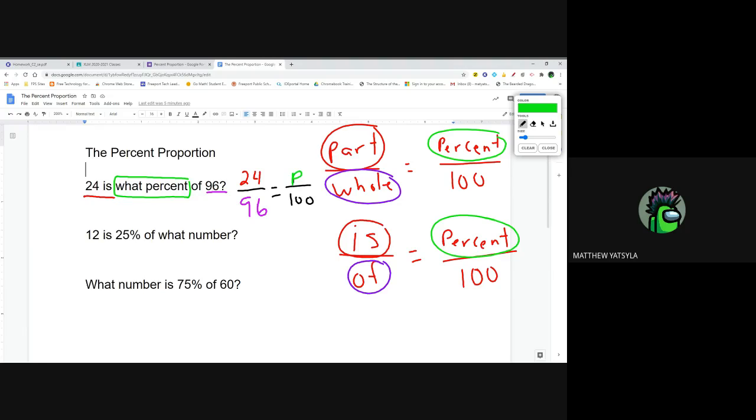And now, just like any other straightforward proportion we've done, we're now going to cross multiply and divide. So 24 times 100, 96 times P gets us 96P equals 2400. We divide this side by 96. We divide this side by 96.